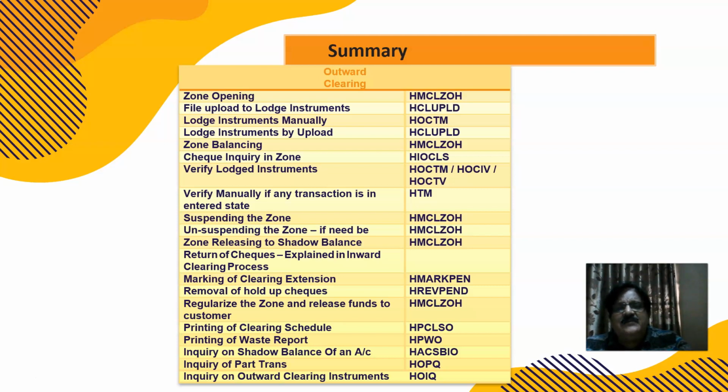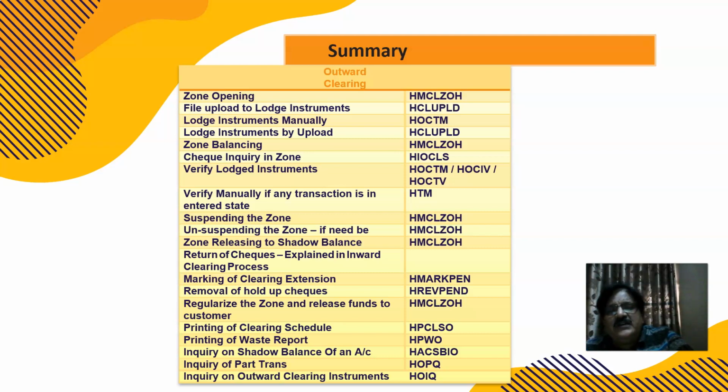Zone opening, HMCL ZOH. If you want to upload instruments in one file, HCL UPLD. Lodge instruments manually, HOCTM. Lodge instruments by upload, HCL UPLD. Zone balancing, HMCL ZOH. Checkbook inquiry in a zone, HIOCLS.